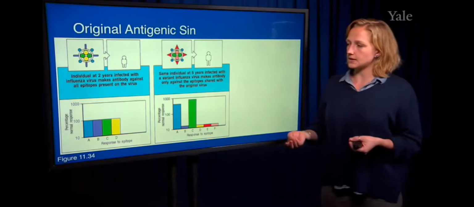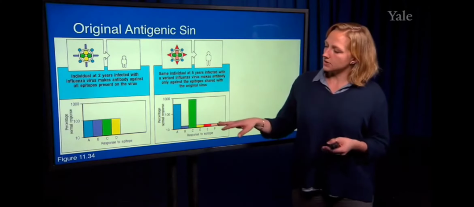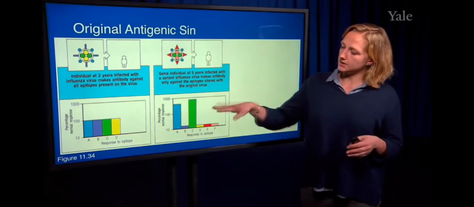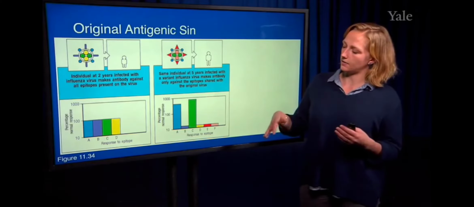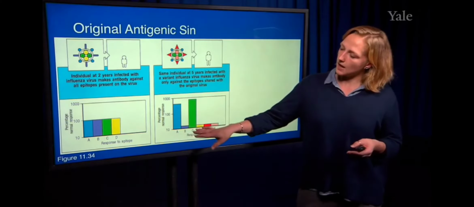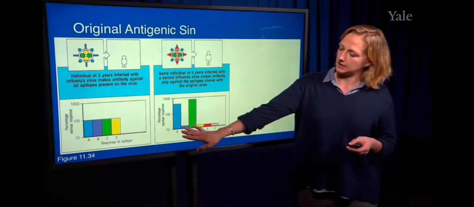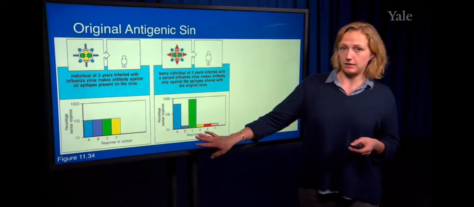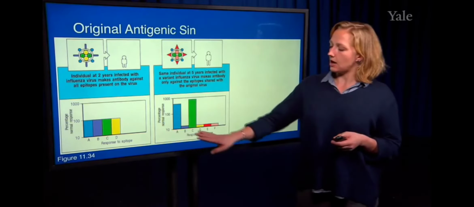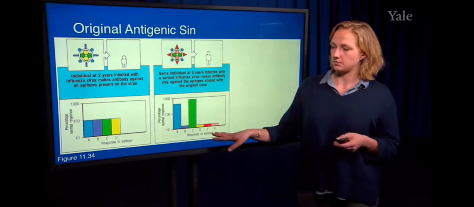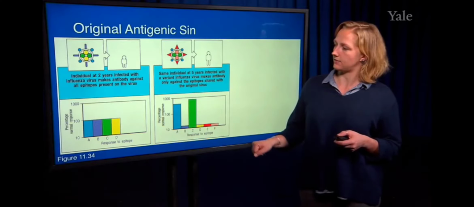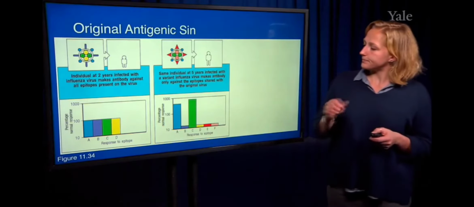So this is similar as before. The presence of one adaptive immune response will suppress the other. So here you can see that this individual is actually making more antibodies against epitopes A and C, which they've reacted to previously, and do not react to the new epitopes that are found in the next virus.